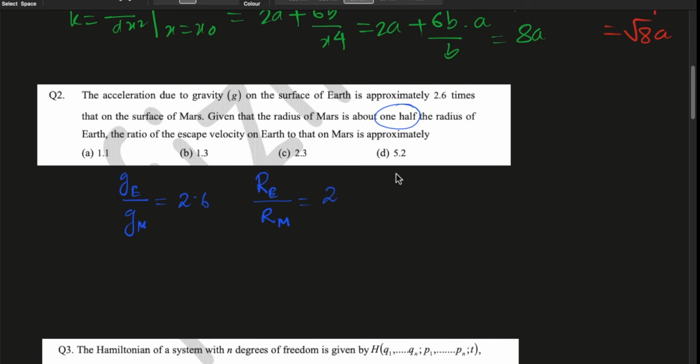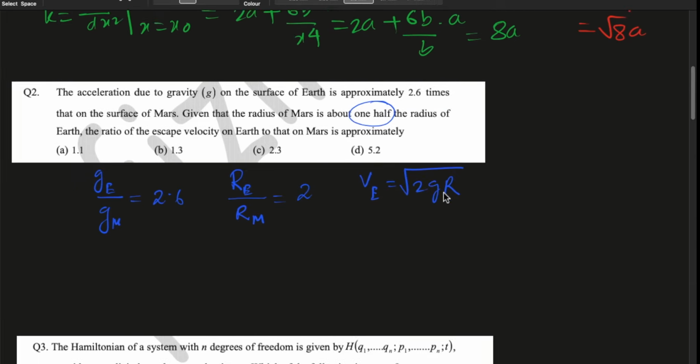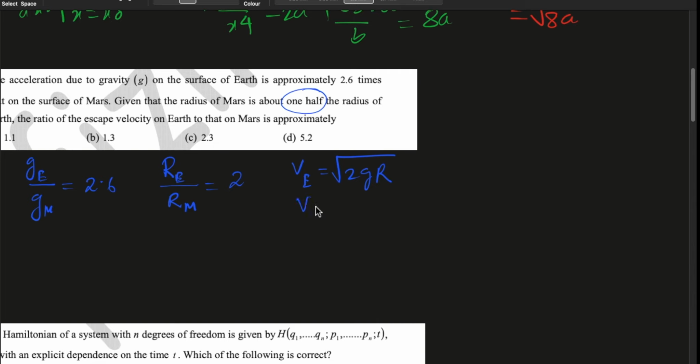Now the ratio of the escape velocity on the Earth to that on Mars. Escape velocity we can calculate as v escape equal to square root of 2gR. So v_E versus v_Mars will be square root of 2gR by square root of 2gR.